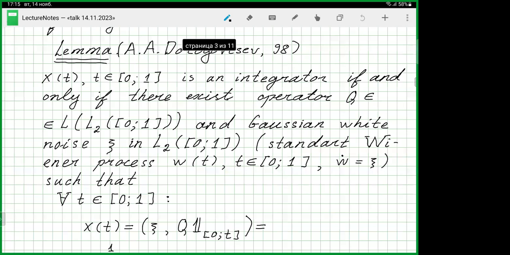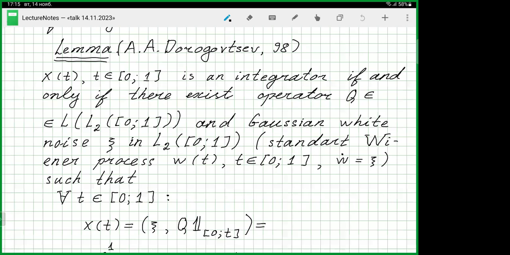The centered Gaussian process X_t is an integrator if and only if there exists a linear and continuous operator Q in the space of square integrable random functions L_2[0,1] and a Gaussian white noise psi in this L_2[0,1].